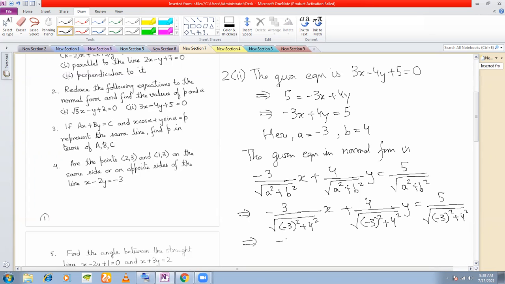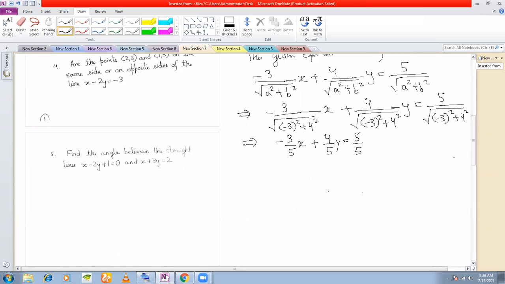That means you get minus 3 by 5x plus 4 by 5y is equal to 5 by 5. That means you can write this as minus 3 by 5x plus 4 by 5y is equal to 1, which is in normal form.